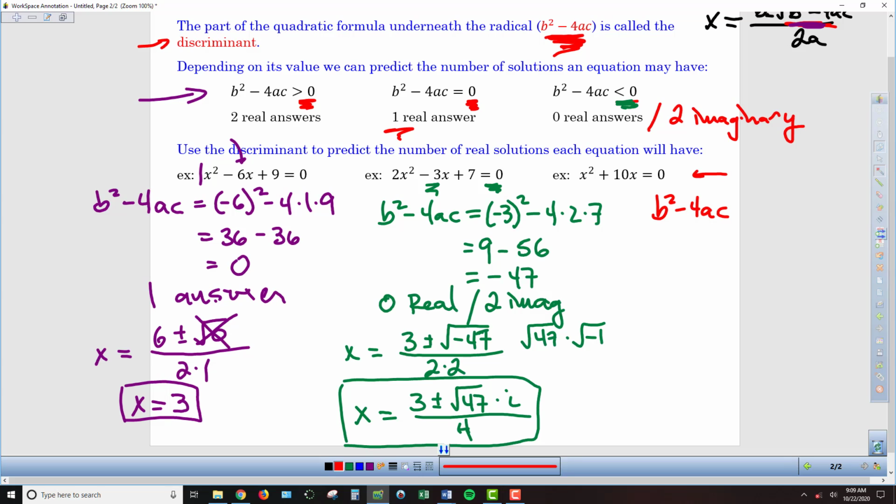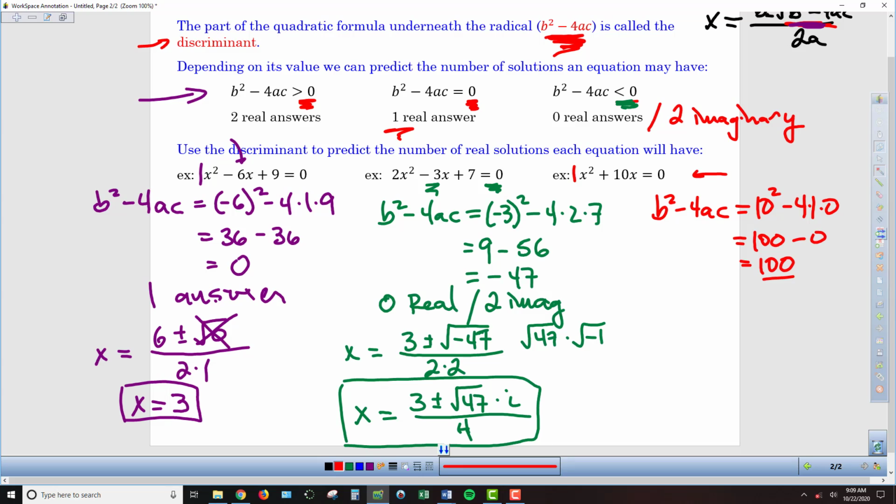So b squared minus 4ac, in this case, b is 10, so I've got 10 squared minus 4 times 1 times c, again, since there's no number being added or subtracted at the back end, c is going to be 0. So 10 squared is 100, minus 4 times 1 times 0 is 0, so we get 100 as our discriminant.